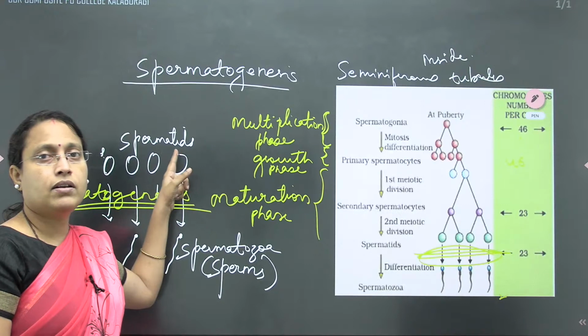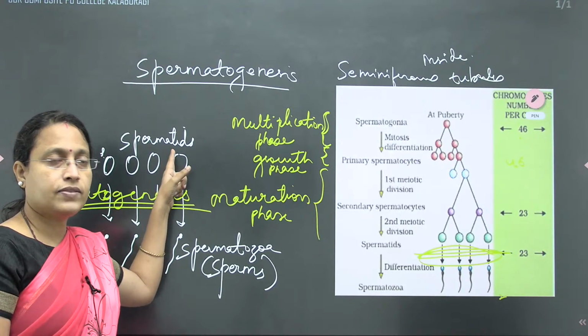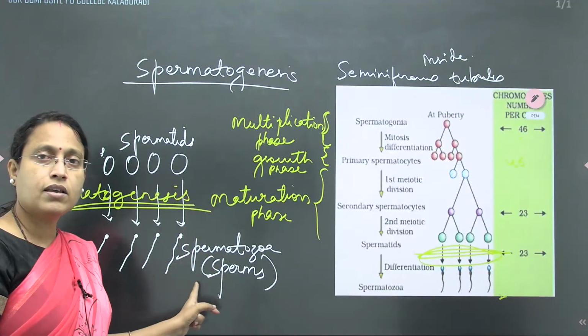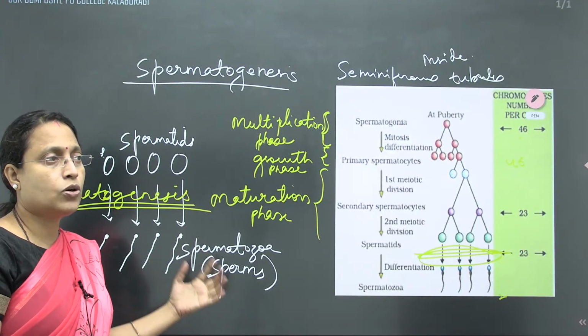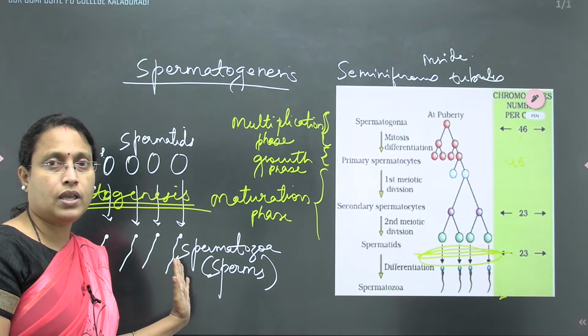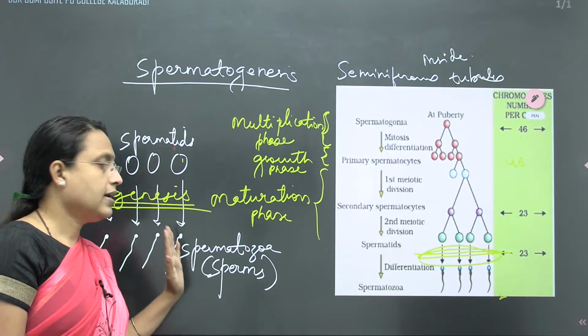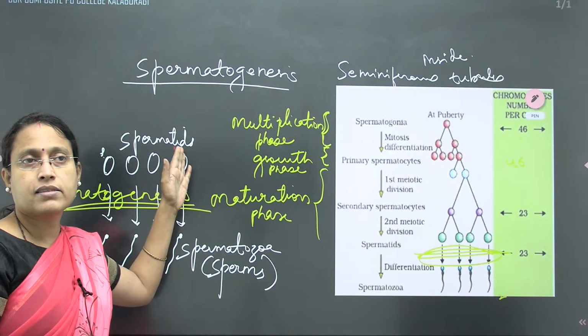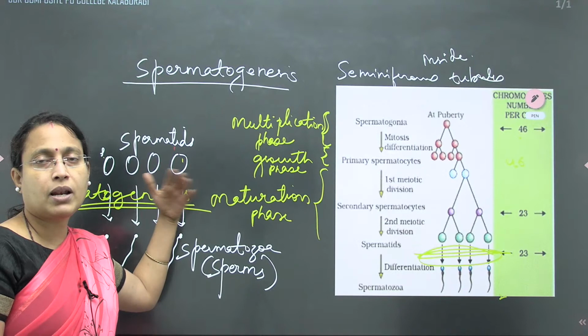What happens here? The spermatid is not active, the sperm is active. It is non-functional, and this is functional. It means not totally functional, but it will start gaining more functions here. It is non-motile, and it becomes motile here. Motile means ability to move.